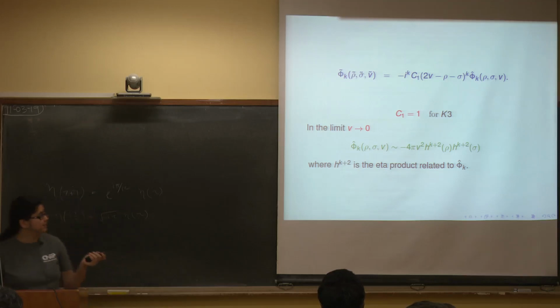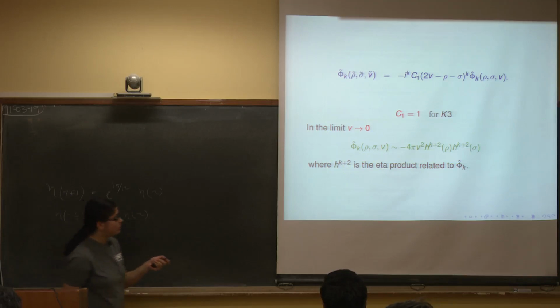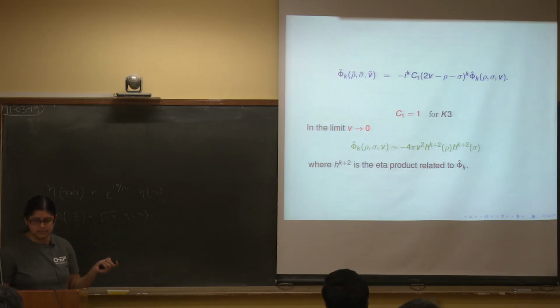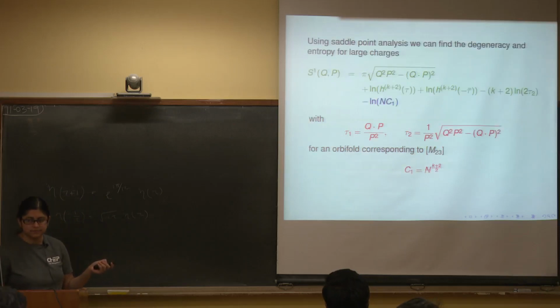So phi hat, in the v tends to 0 limit, can be broken down to an eta product, and this H is some weight k plus 2 eta products. I have a list of this H.